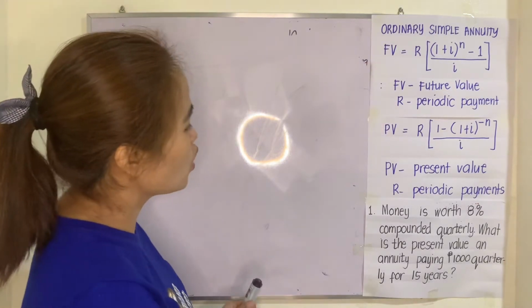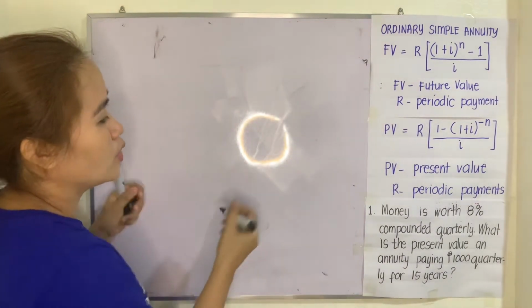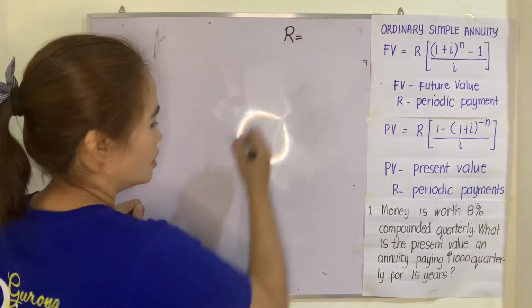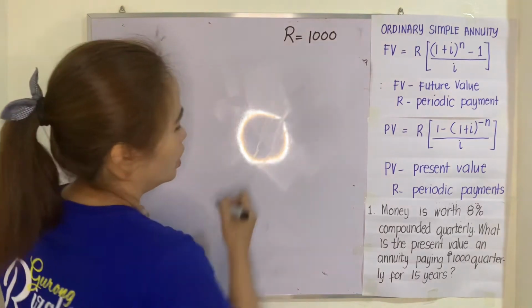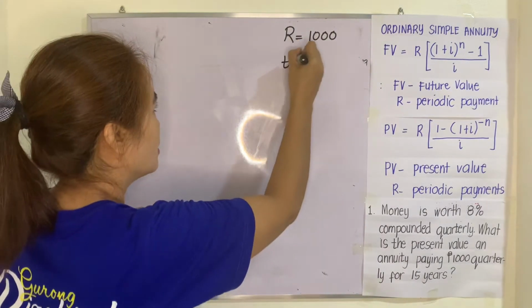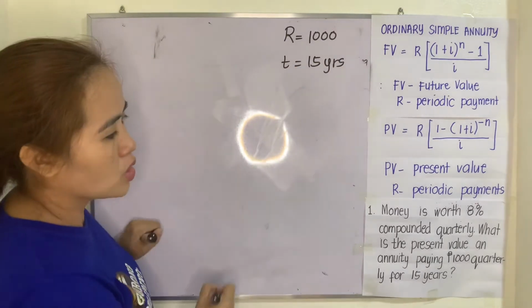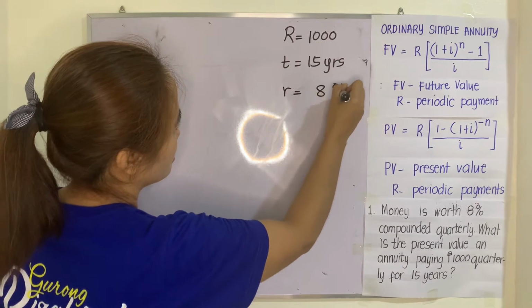Okay, let's solve this example by identifying first the given. We have the R, the periodic payment, and that is 1,000. We also have the T, that is 15 years. We also have the rate, that is 8%.